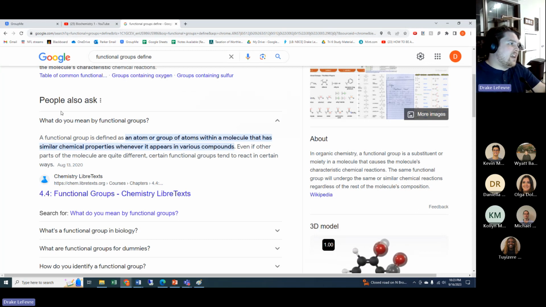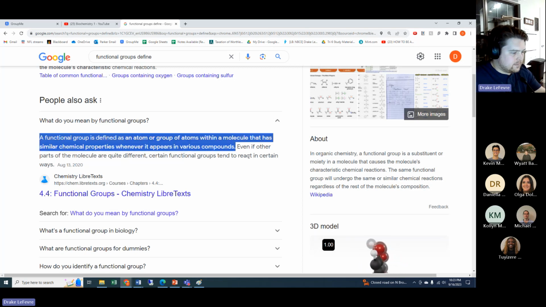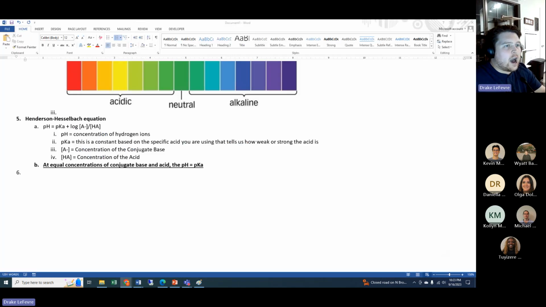So a functional group is an atom or a specific group of atoms within a molecule that has similar chemical properties whenever it appears in different compounds. Literally what a functional group is telling us is how that specific compound is going to interact with its surroundings.